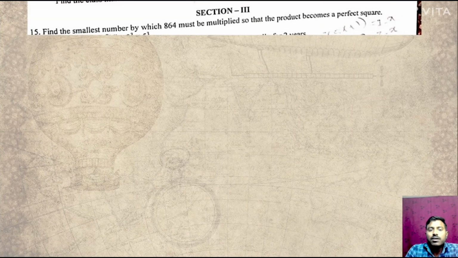Find the smallest number by which 864 must be multiplied so that the product becomes a perfect square.